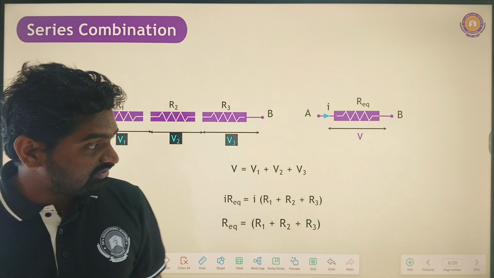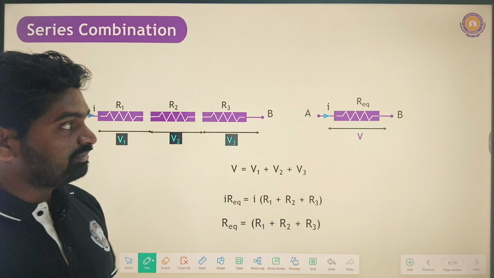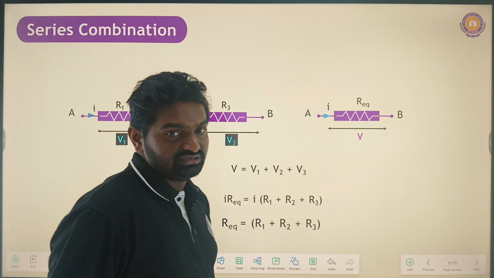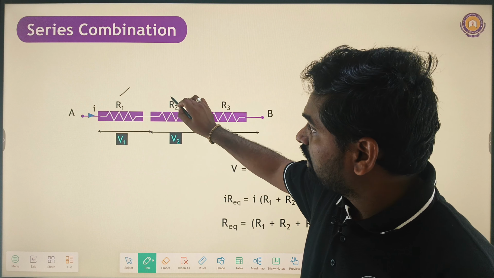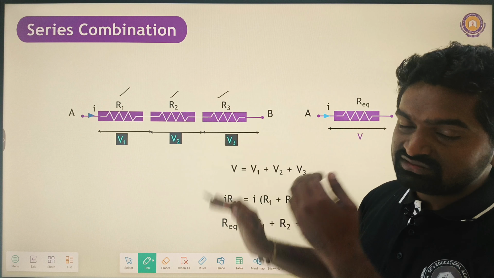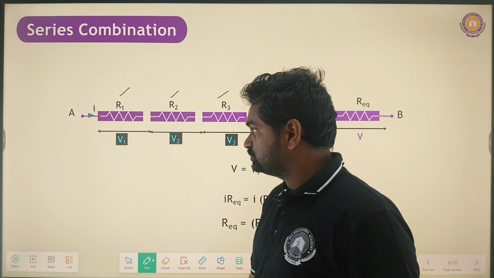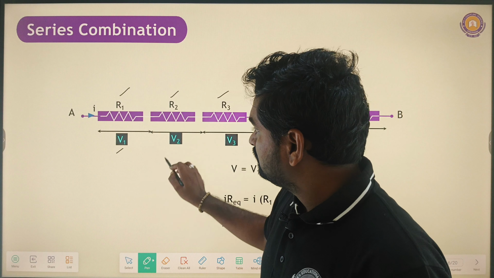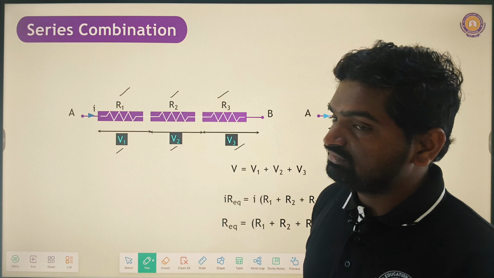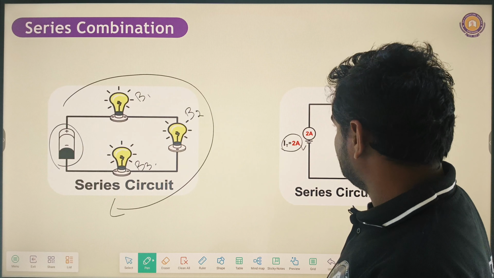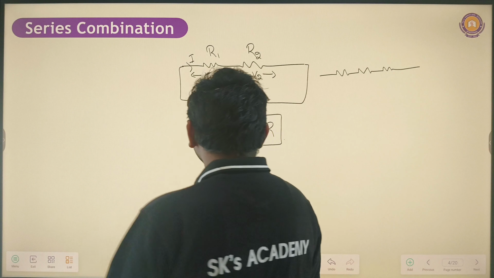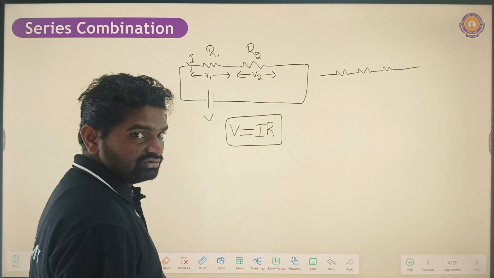Now let us derive the total equivalent resistance for the series combination. This is R1, R2, R3. Three resistances are combined in series, with voltages V1, V2, V3. According to Ohm's law, V is equal to IR.